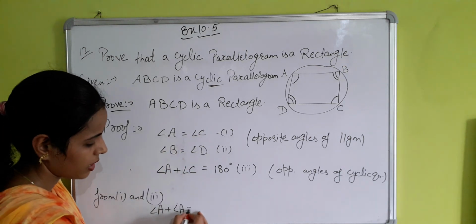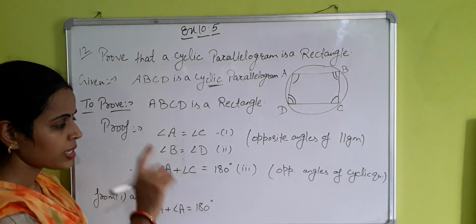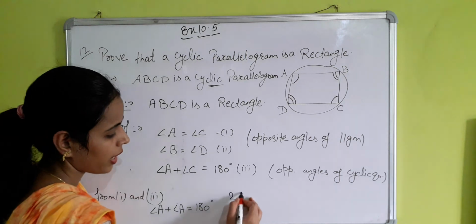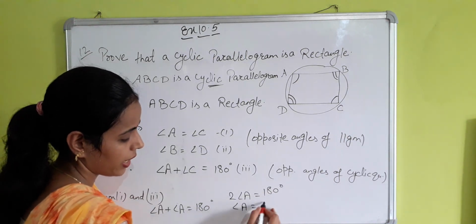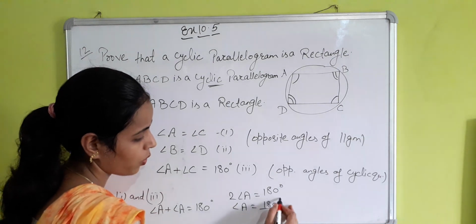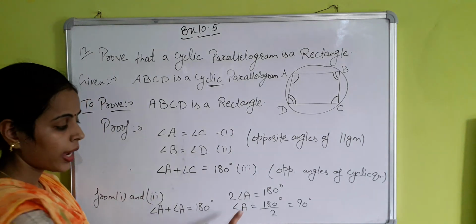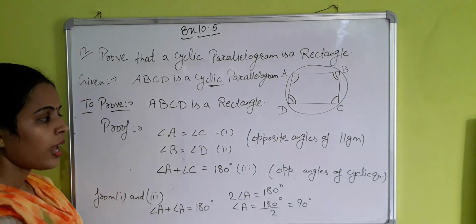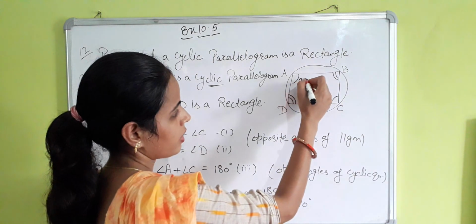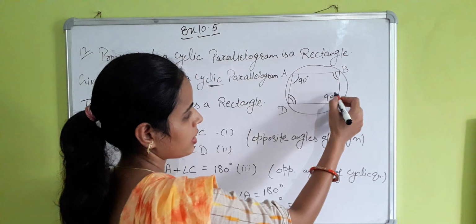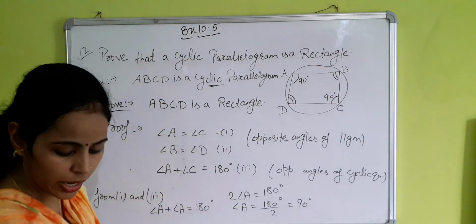Angle A plus angle A is equal to 180 degree. 2 of angle A is equal to 180 degree. Angle A is equal to 180 upon 2 is equal to 90 degree. Then angle C also equals 90 degree.